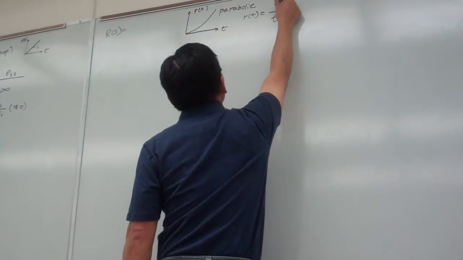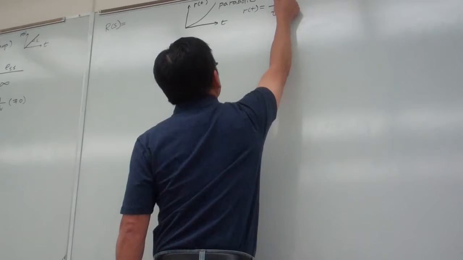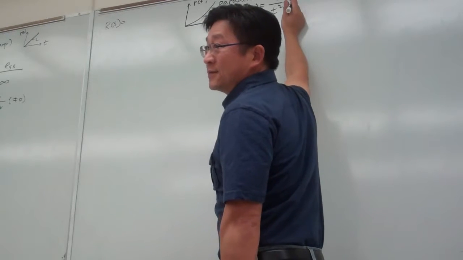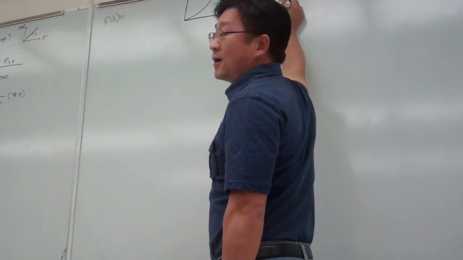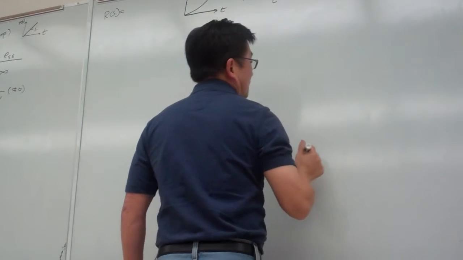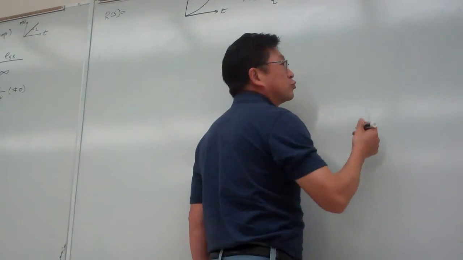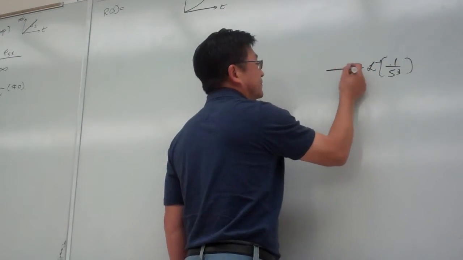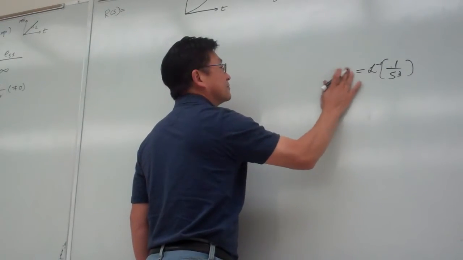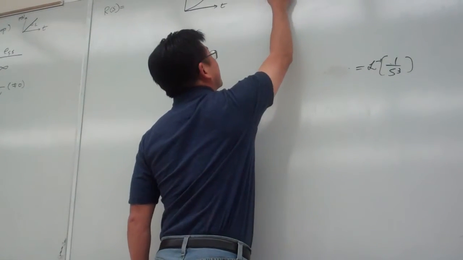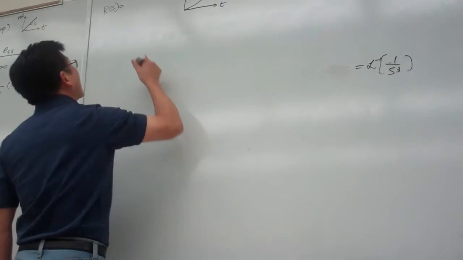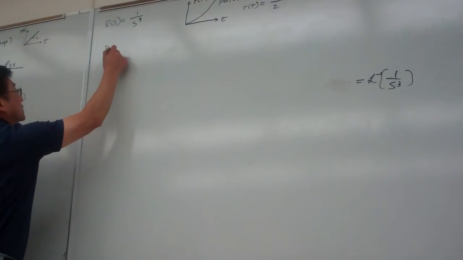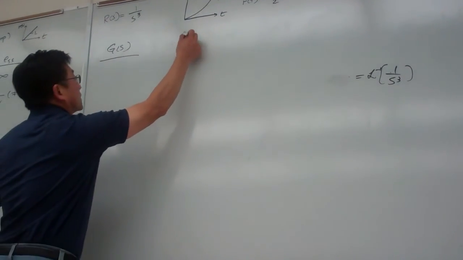I forgot the, 2 over S cubed, right? Wait, wouldn't it be 1/2? That would be T squared over 2. T squared over 2, okay. Sorry, yeah, because it's 1/2. So I want to make this one. Okay, thank you. So again, this is the GS, and this is the steady state error here.